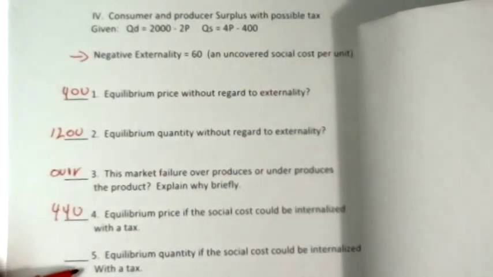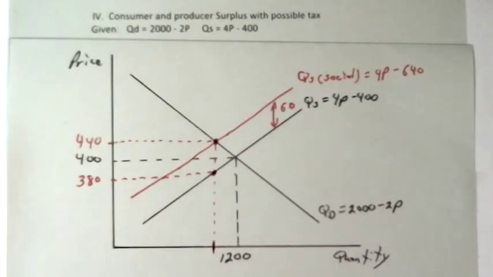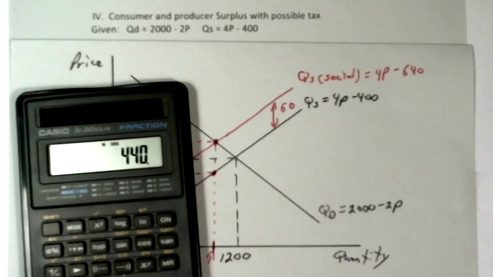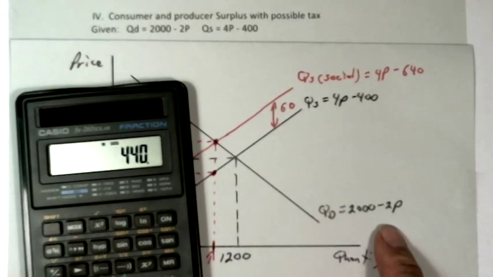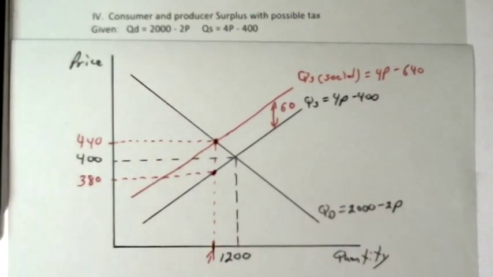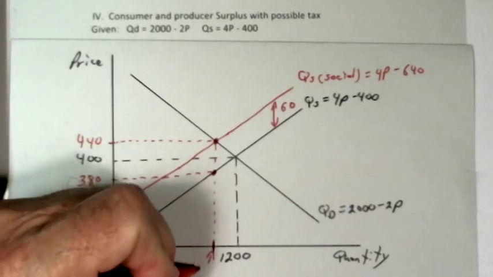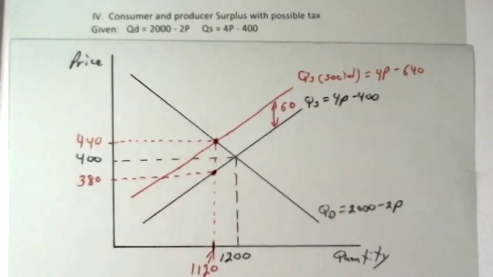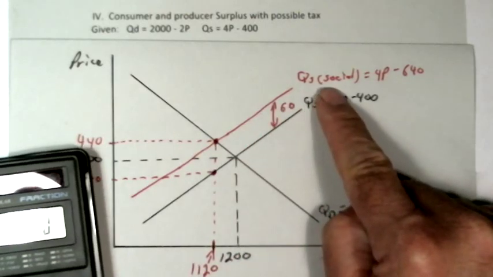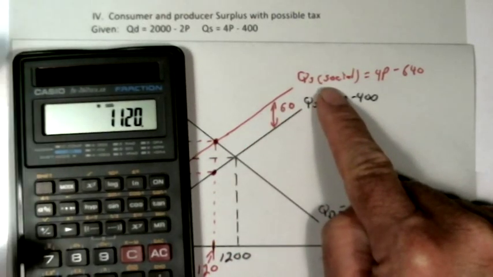Equilibrium quantity, if the social cost could be internalized with a tax, that's this number right here, which I haven't found yet. So that would be, working from the demand curve, 440 times 2, and that whole mess subtracted from 2,000. I get 1120. So this number should be 1120. By the way, you can check your work, because you should also get the same answer from the new supply curve.